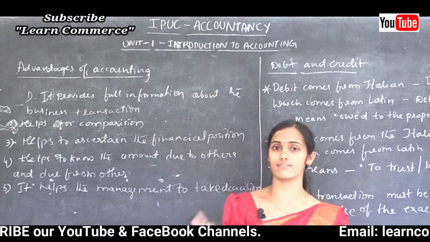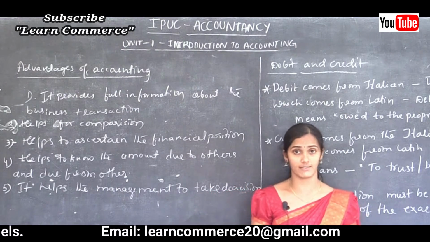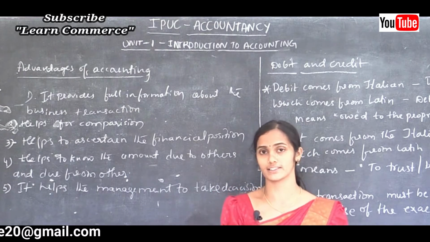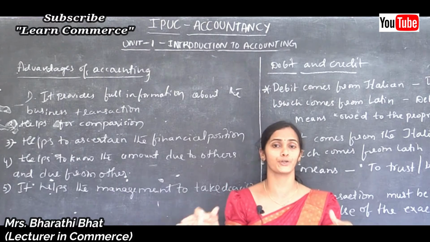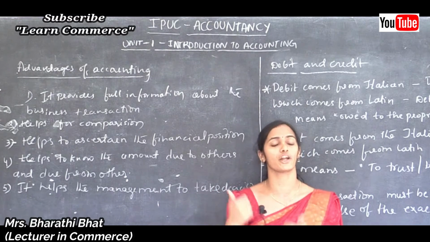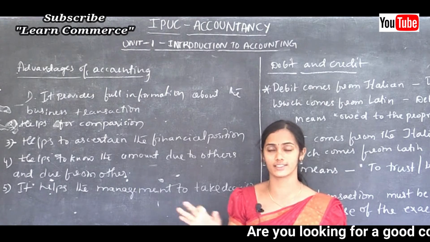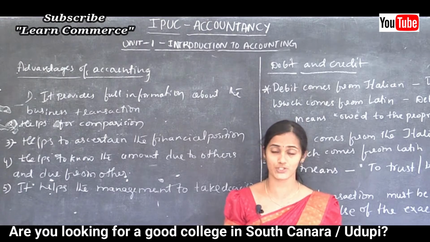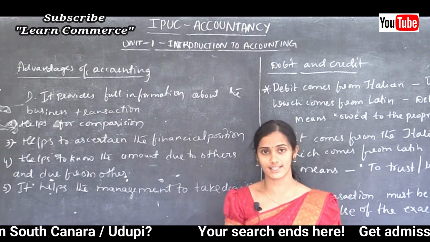Only economic events are recorded in the books of accounts. Non-economic events are not at all recorded in the books of accounts, for example the value of human resources or the appointment of a professional; these are not recorded. Only monetary transactions are recorded in the books of accounts to know the exact business transactions.